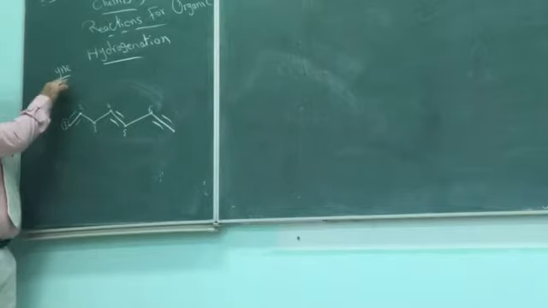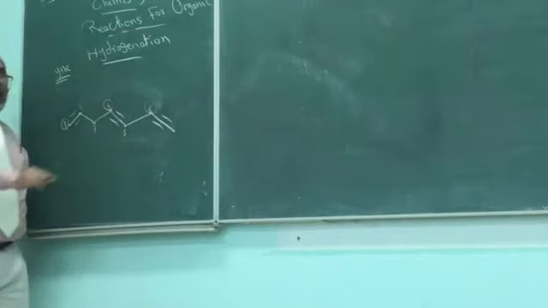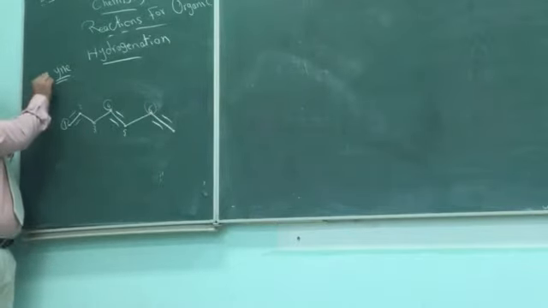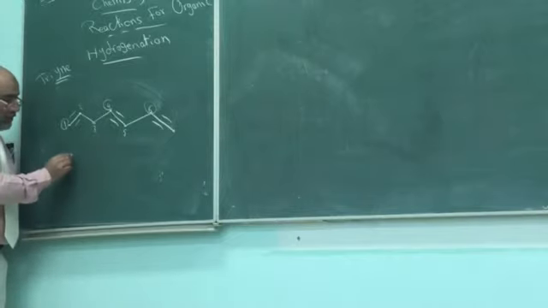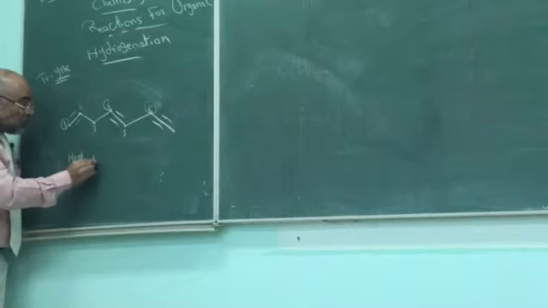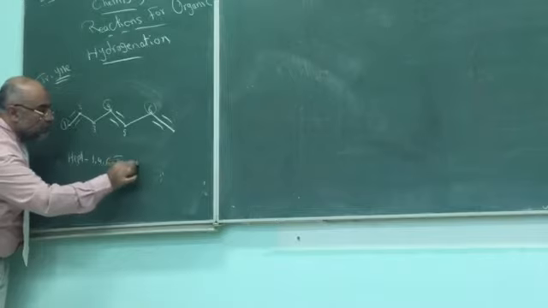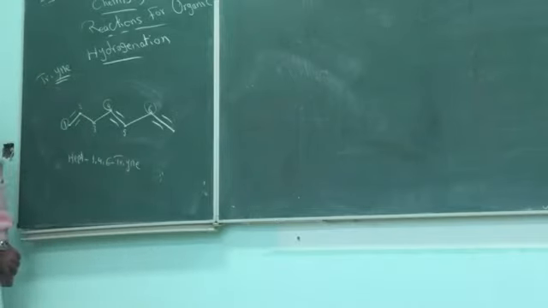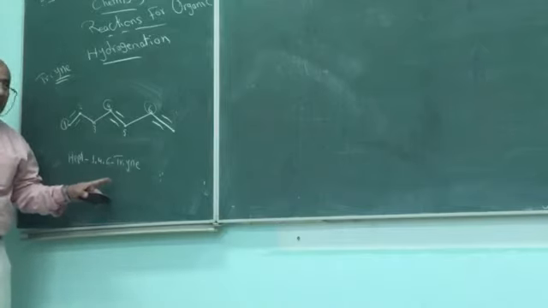At carbon number 1 we have yne. At carbon number 4 we have yne. At carbon number 6 we have yne. That means tri-yne. You have heptatriyne, with a dash, 1, comma 4, comma 6, dash tri-yne.